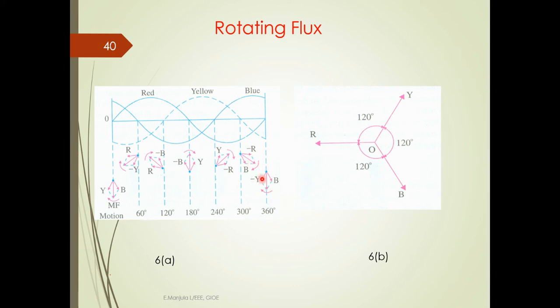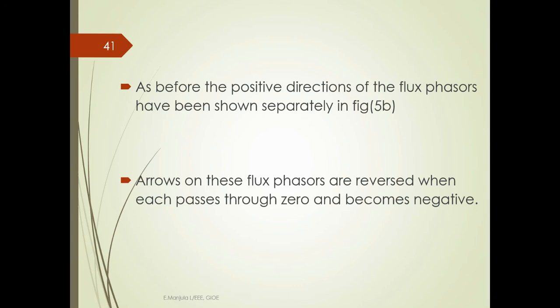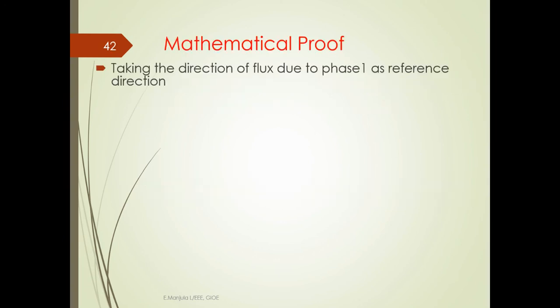This is the rotating flux. We have to consider only the resultant flux here. And this is a vector diagram. As before, the positive direction of the flux phasors has been shown separately in figure 5b. Arrows of these flux phasors are reversed when each passes through 0 and becomes negative.